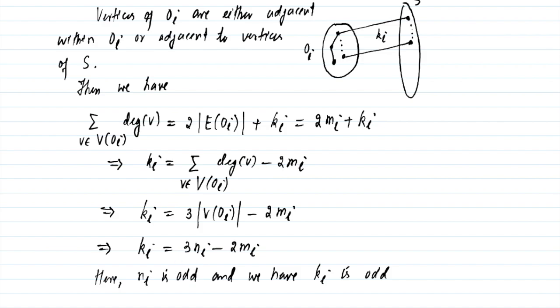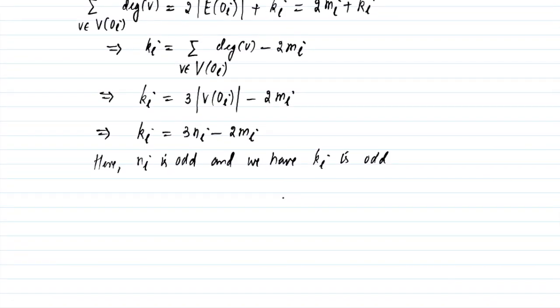But since our graph does not have any cut edge, there cannot be exactly one edge from Oi to S. Because otherwise, if there is exactly one edge from Oi to S, then the removal of that particular edge will leave the component Oi separated from G. So in other words, the removal of that one edge will leave the graph G disconnected. That is a contradiction to the fact that the graph does not have a cut edge.